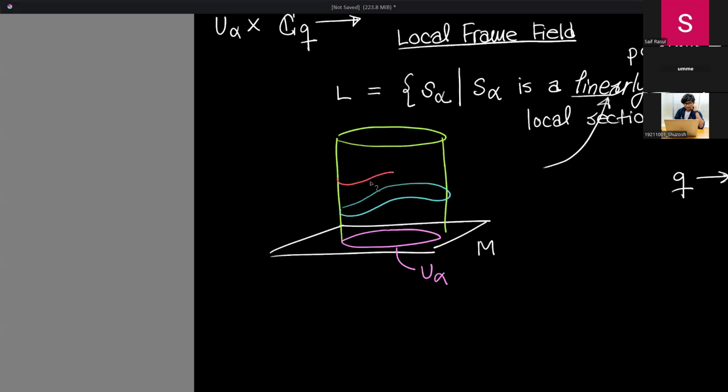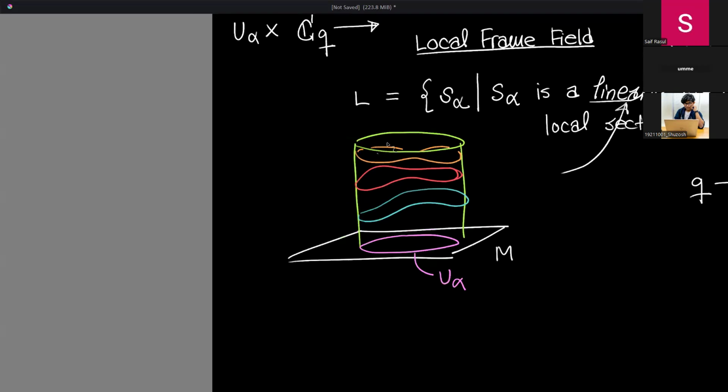They can't intersect each other, because if they intersected, they wouldn't be linearly independent. You can think about why that's true. So you can think that there's like this fiber here, right? It's going through all of them. So it intersects the blue section, it intersects the red section, it intersects the orange section, and produces three vectors.